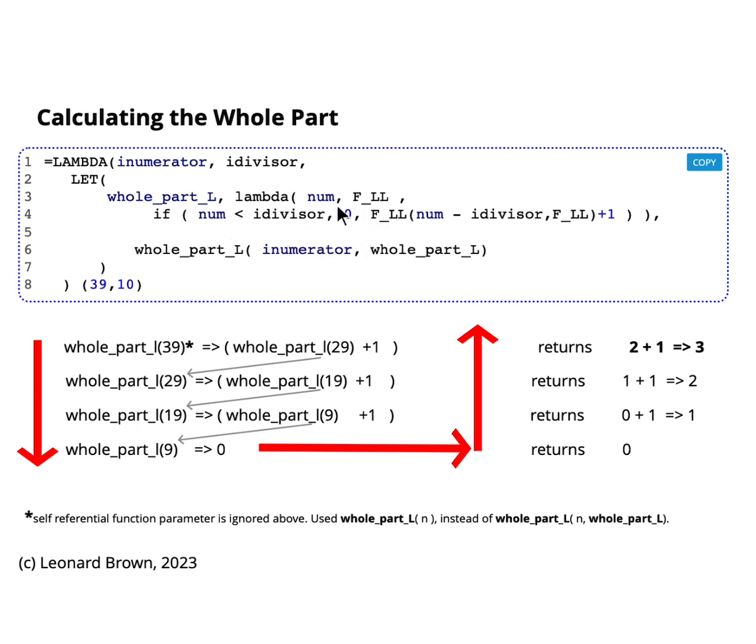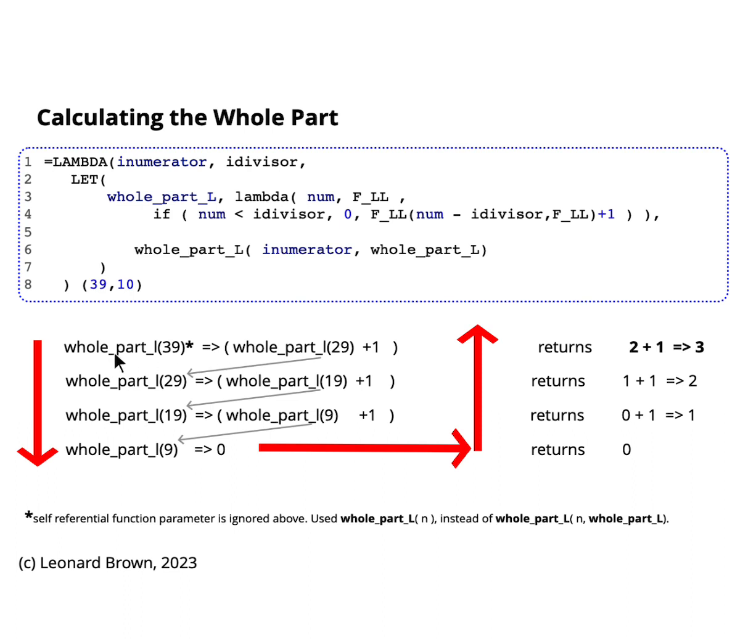Now, the first thing we call it with is whole part of 39, which is here. 39 is not less than the divisor, so it calls itself again with 39 minus 10, which is 29.